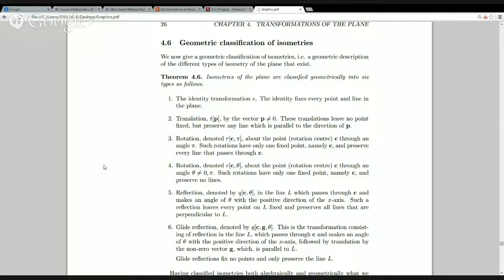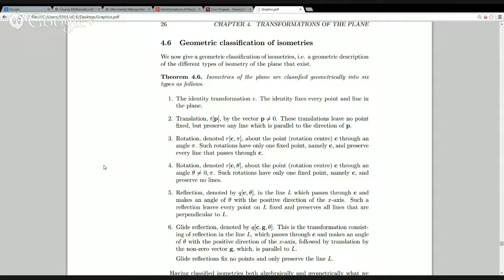Well, in case 5, a reflection Q c theta, this is going to denote reflection in the line L, which passes through the point C and makes an angle of theta with the positive direction of the x-axis. Now, what exactly is that?